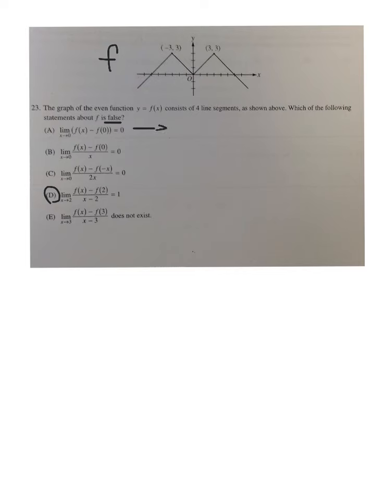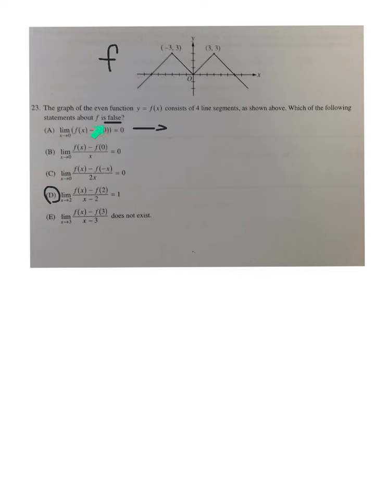Well, it's saying the limit as x approaches 0 of f of x minus f of 0. So what I did was I looked to see what f of 0 is, because this is the graph of f, right? So f of 0 right there is 0, isn't it?